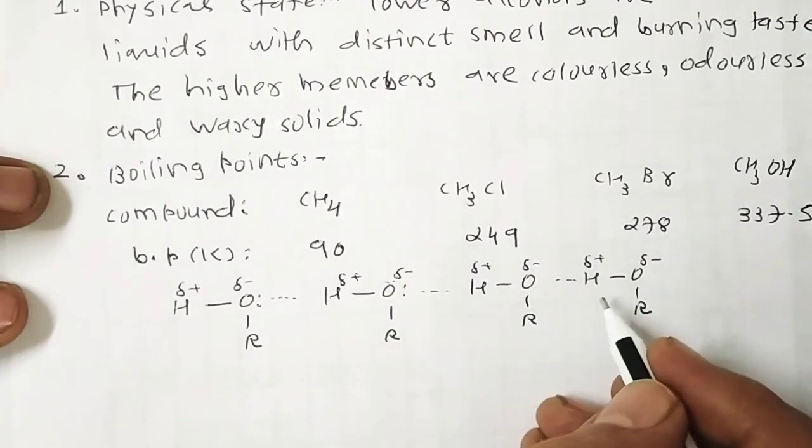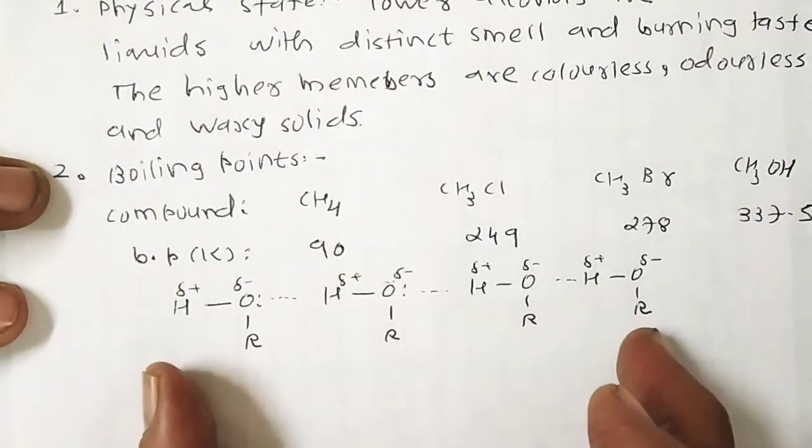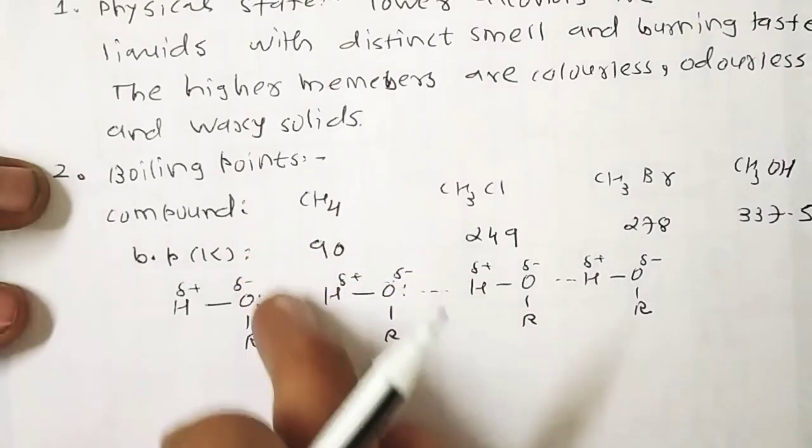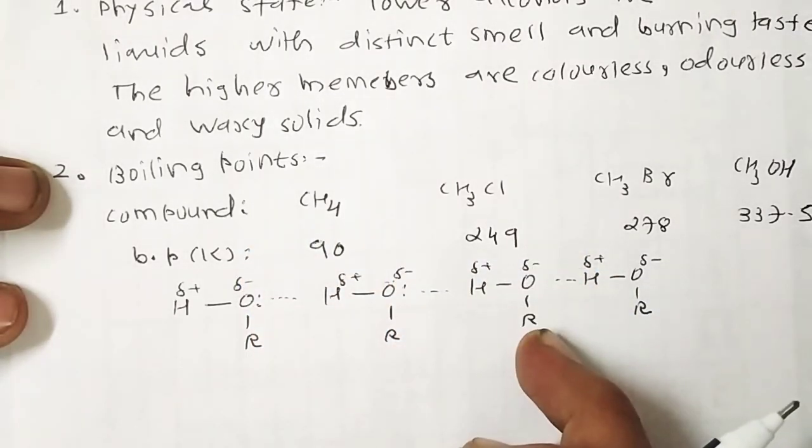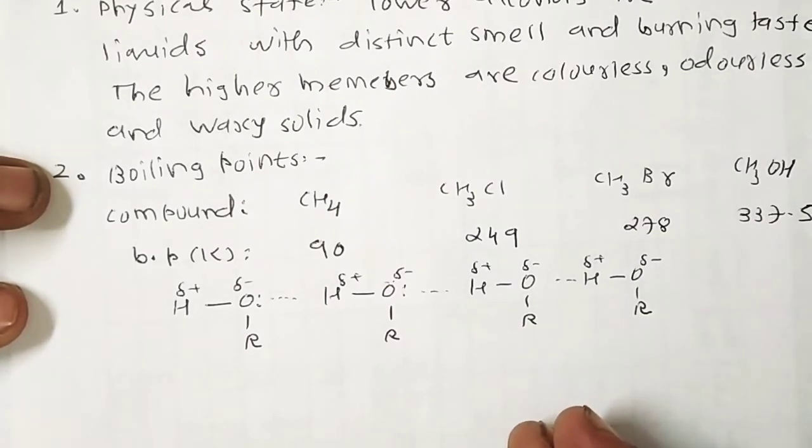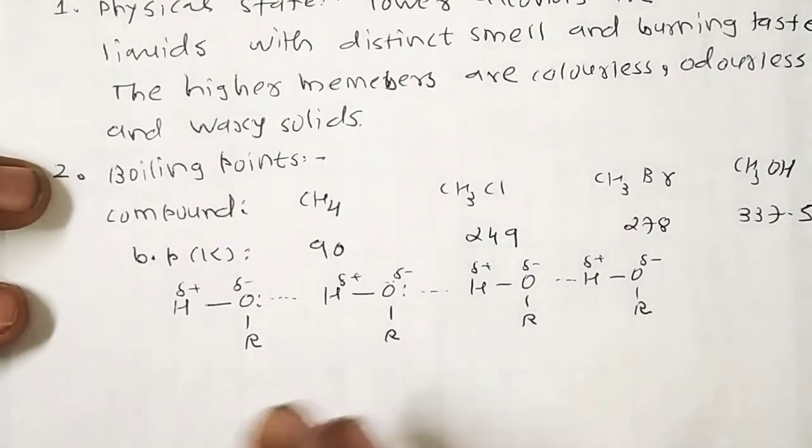So it's a hydrogen bond. Quite a large amount of energy is needed to break these extensive hydrogen bonds holding a large number of alcohol molecules together. As a result, their boiling points are much higher than the corresponding hydrocarbons, ethers or alkyl halides, because in the case of ethers, alkyl halides or hydrocarbons, they do not form a hydrogen bond. So this is the first point.